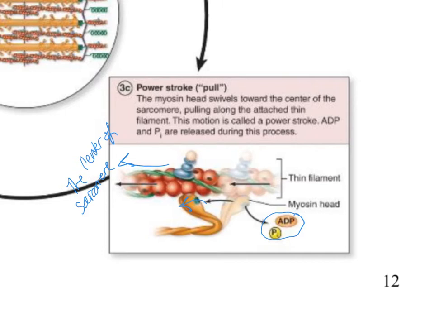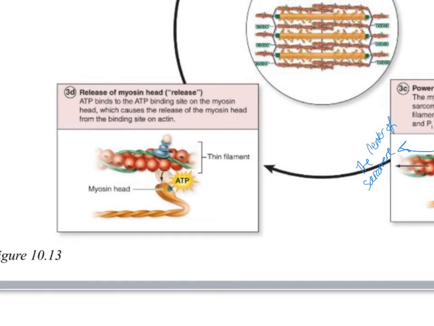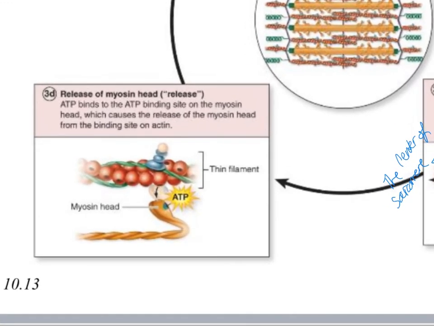Now, this is stuck here until you get an ATP molecule. I like the way they're showing the shadow versus the real thing. So we've got the shadow here. The ATP molecule attaches to this, actually attaches right here.